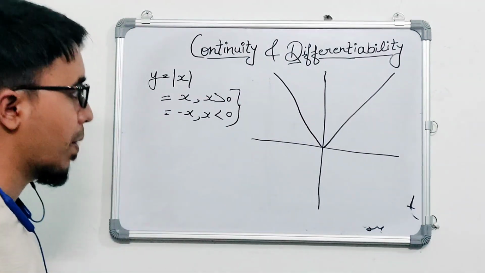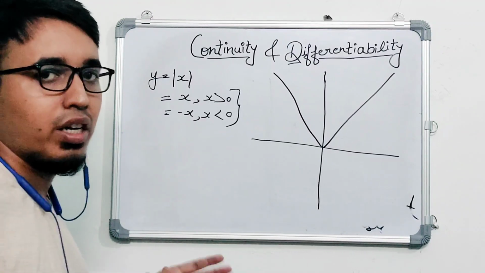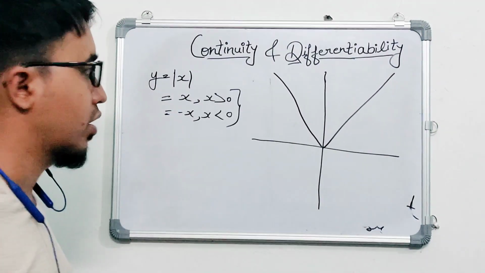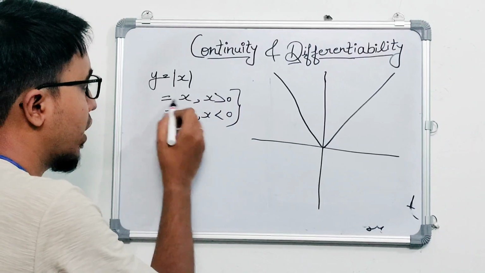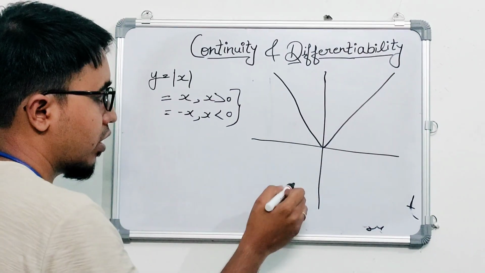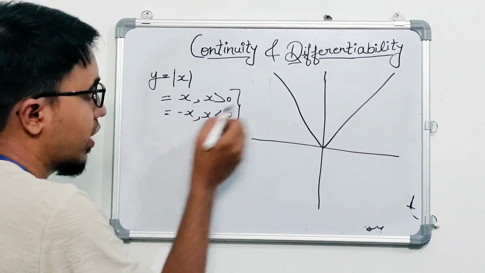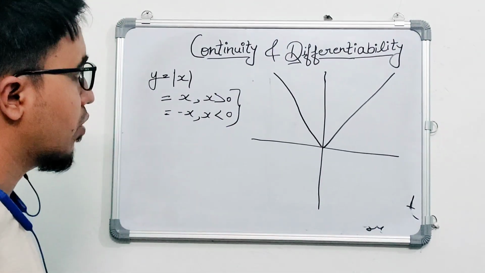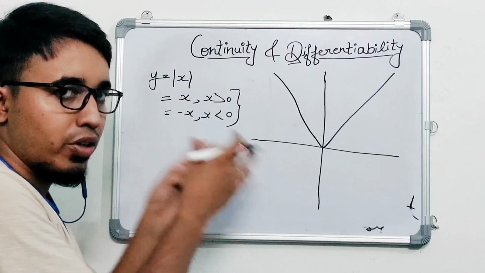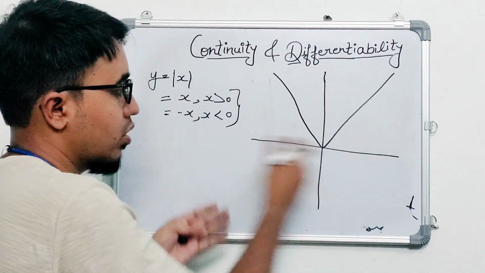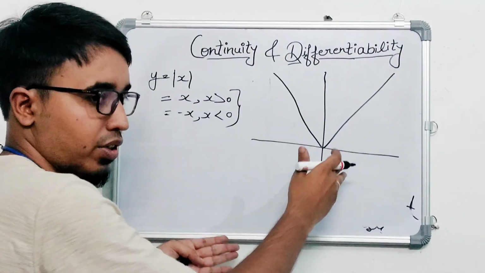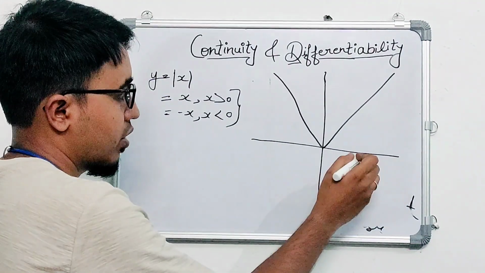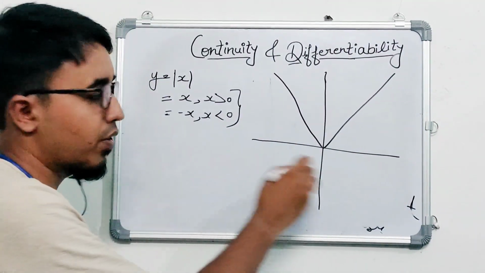You can make it on graph paper and you will see that the graph is like that. For x greater than 0, y equal to x is this line. For x less than 0, y equal to minus x is this line. Now is this function continuous on its domain? If I look along the x-axis, is the function continuous for all values of x?